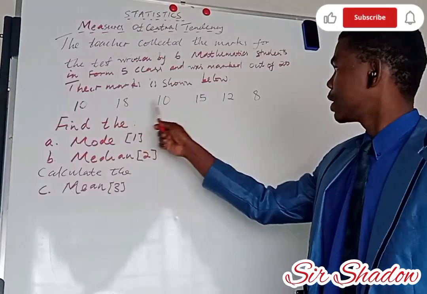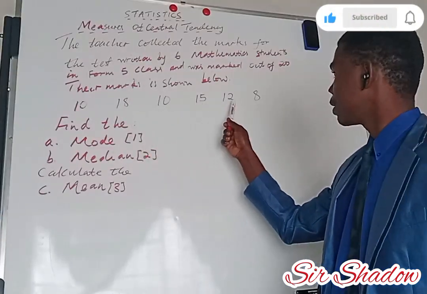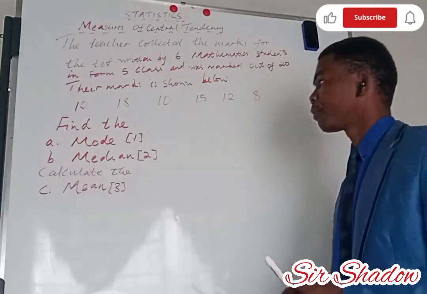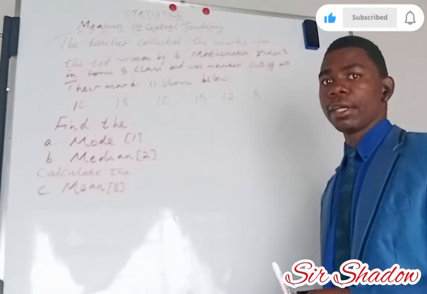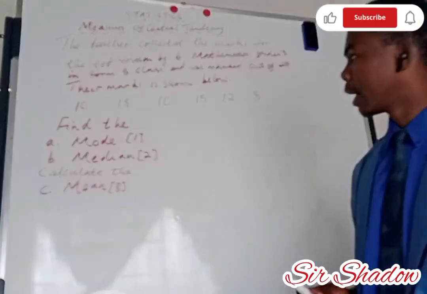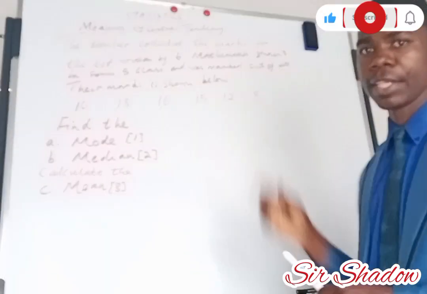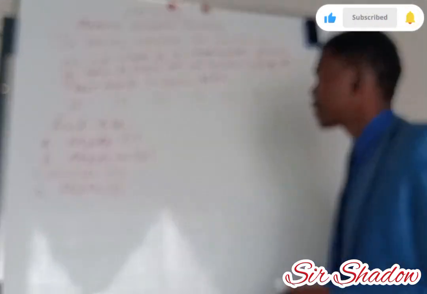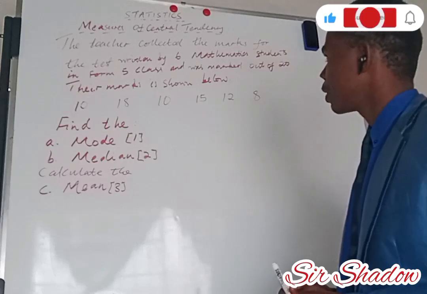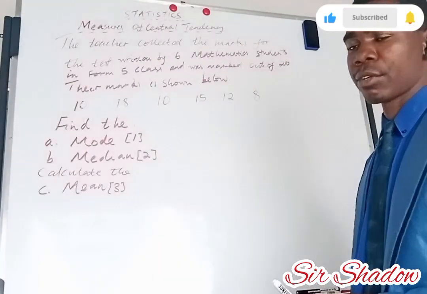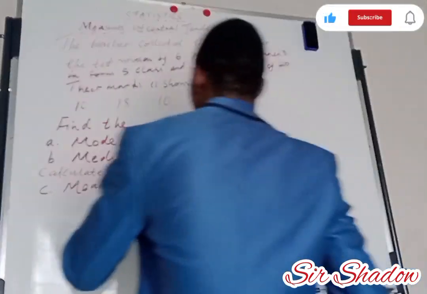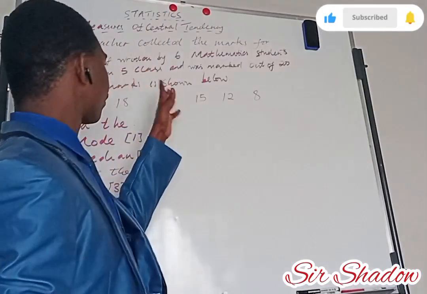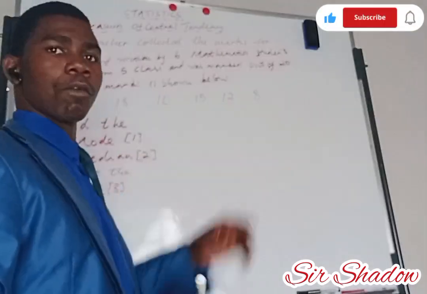We have 10, 18, 10, 15, 12, 8. In order to find the mode, which value is repeated several times?